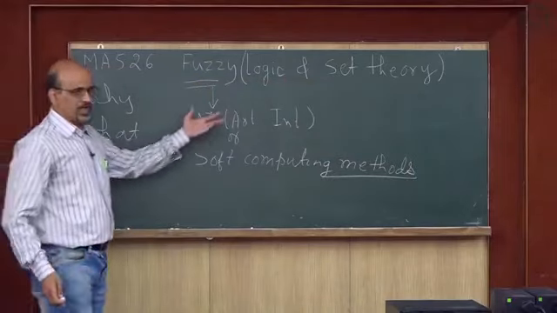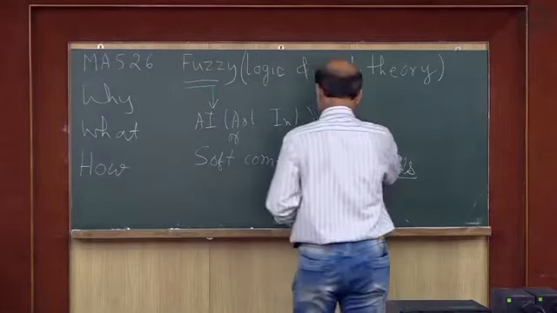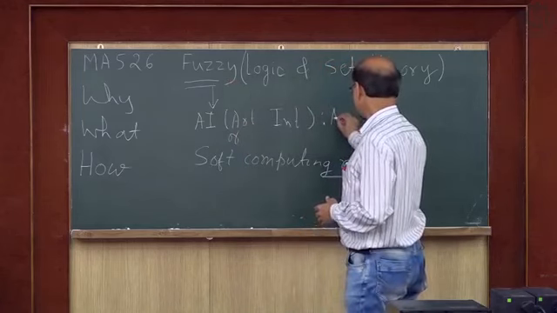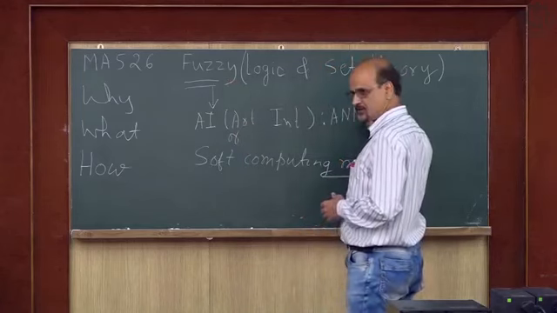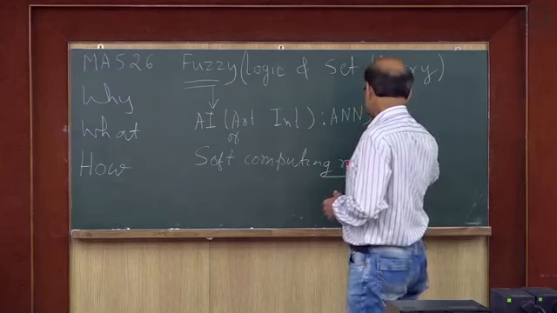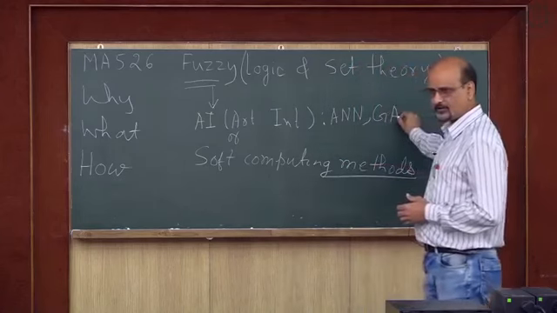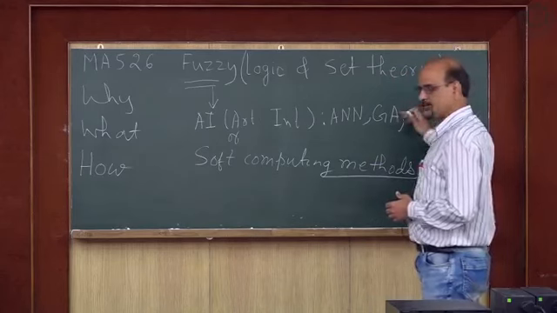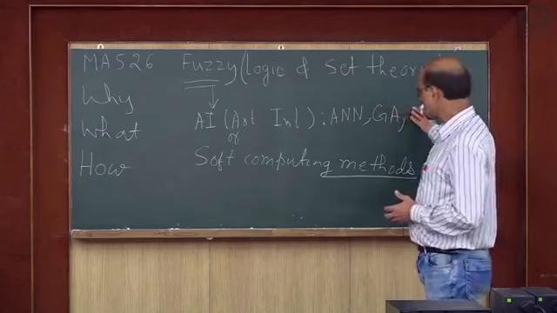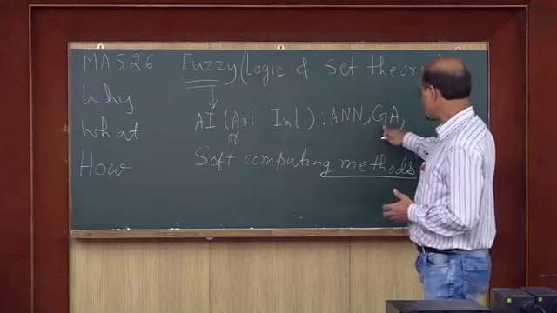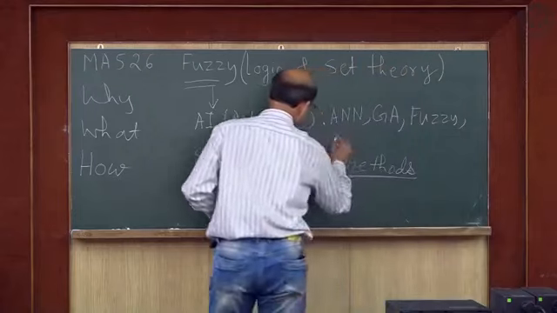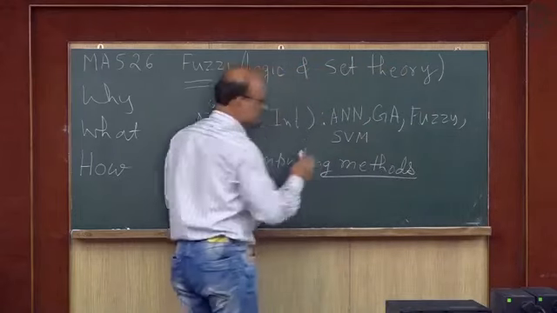Now, in AI we have different areas. Fuzzy is one of them. There we have ANN, that means artificial neural network, GA, that is genetic algorithm. We have then different optimization techniques. Okay, so the GA is one of them. Here fuzzy. Okay, then SVM, that means support vector machines.